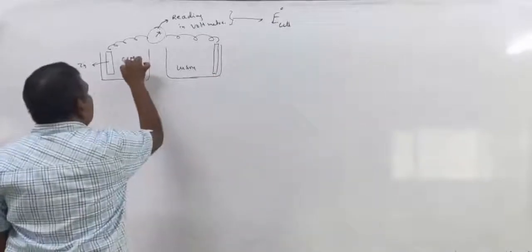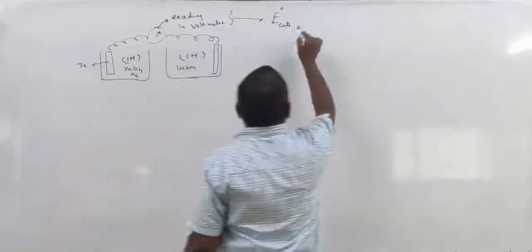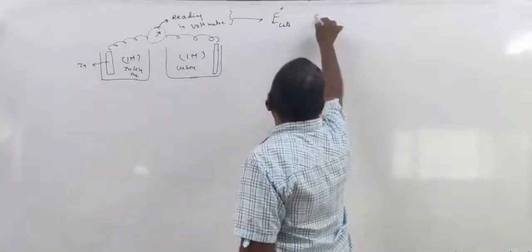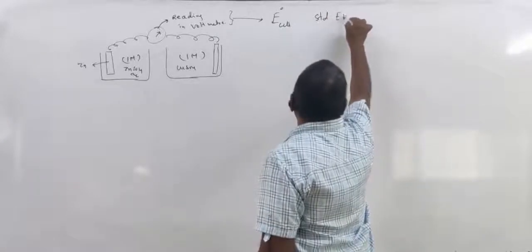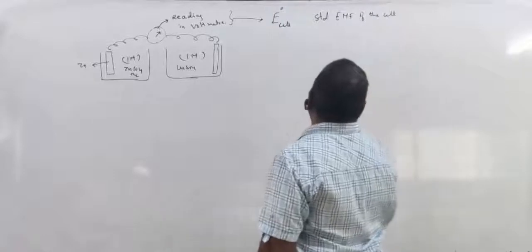So if concentrations of these solutions are 1 molar, then it is said to be E naught cell. It is the standard EMF of the cell. This we discussed in the previous lecture.